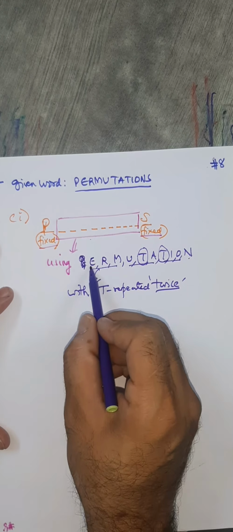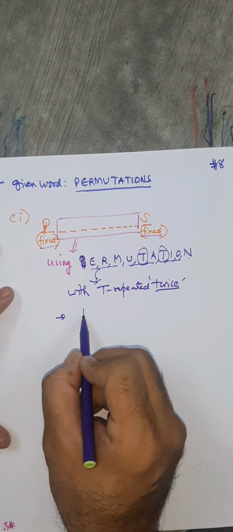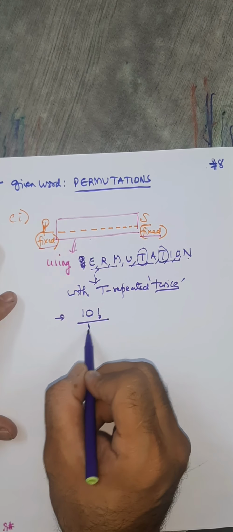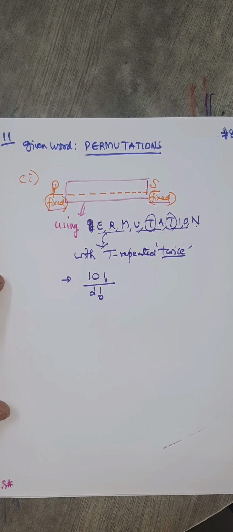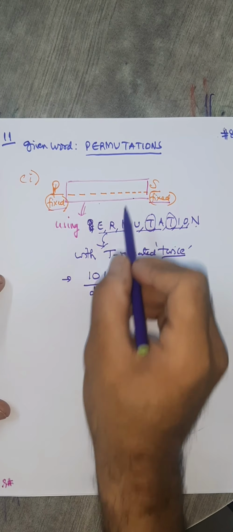So how many ways can this be done? These 10 positions can be filled in 10 factorial upon 2 factorial ways, because T is repeated twice. Both ends are fixed, we only talk about the middle 10 positions.